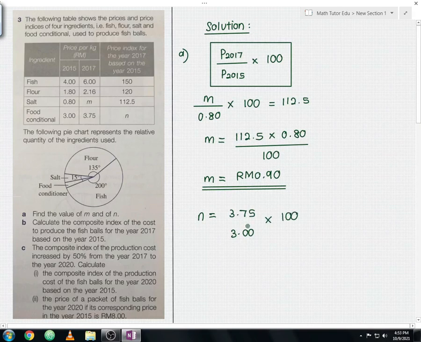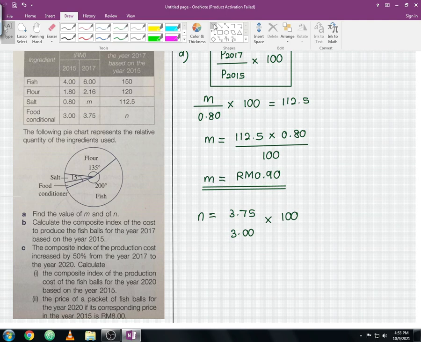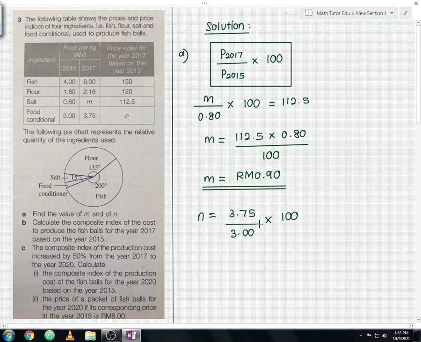Let me underline the fraction. You calculate this, you should get your price index is equals to 125. So this is your second solution for part A. Let me underline this.